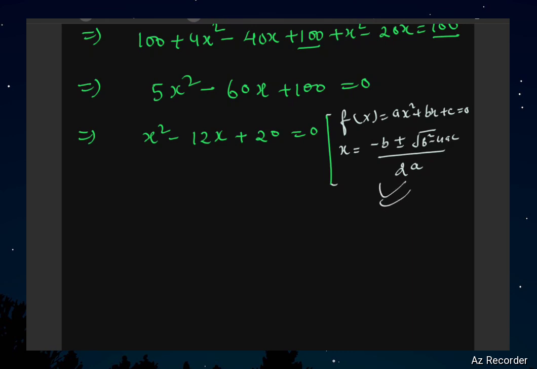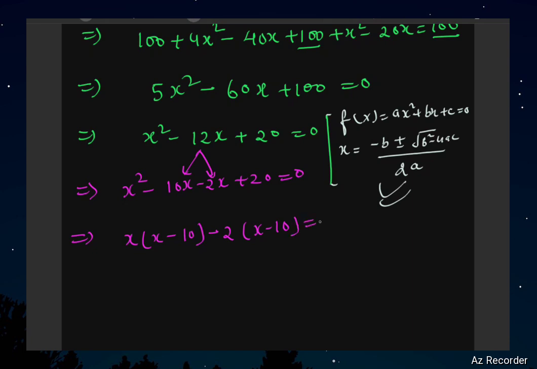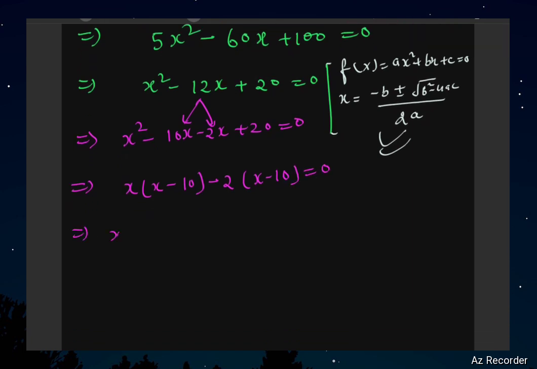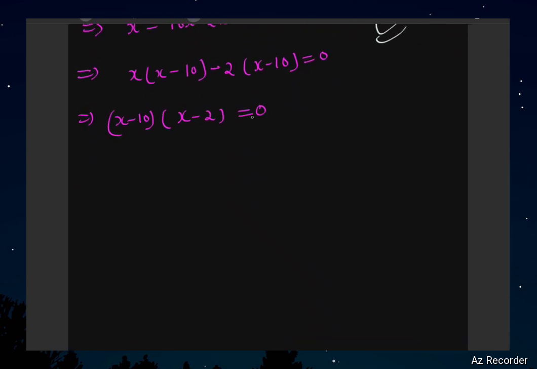So we will do x square minus 10x minus 2x plus 20 equals 0, which is just splitting the middle term. Take x common, that means x minus 10, and take minus 2 common, that means x minus 10. Now take x minus 10 common, and that means (x minus 10)(x minus 2) equals 0. For the product to be 0, one of these must be 0. So either x equals 10 or x equals 2.